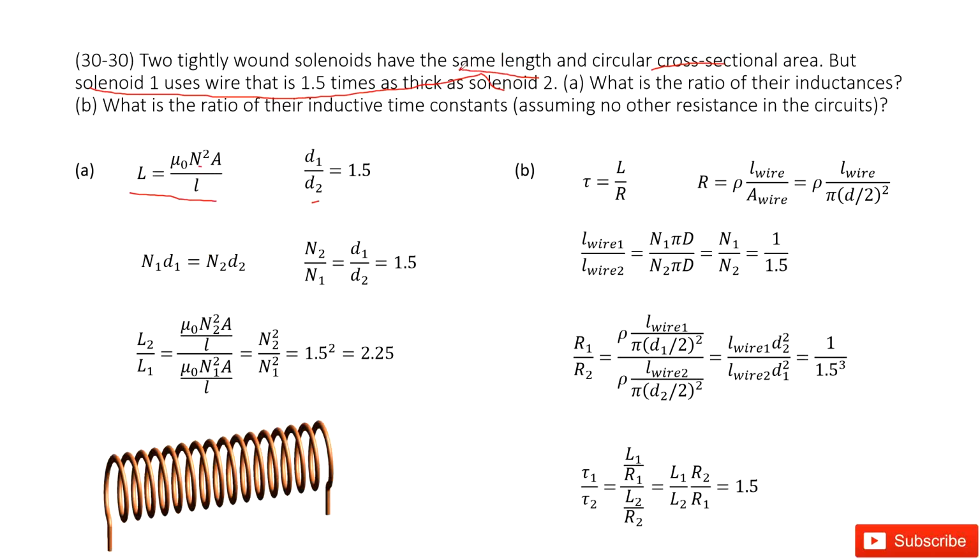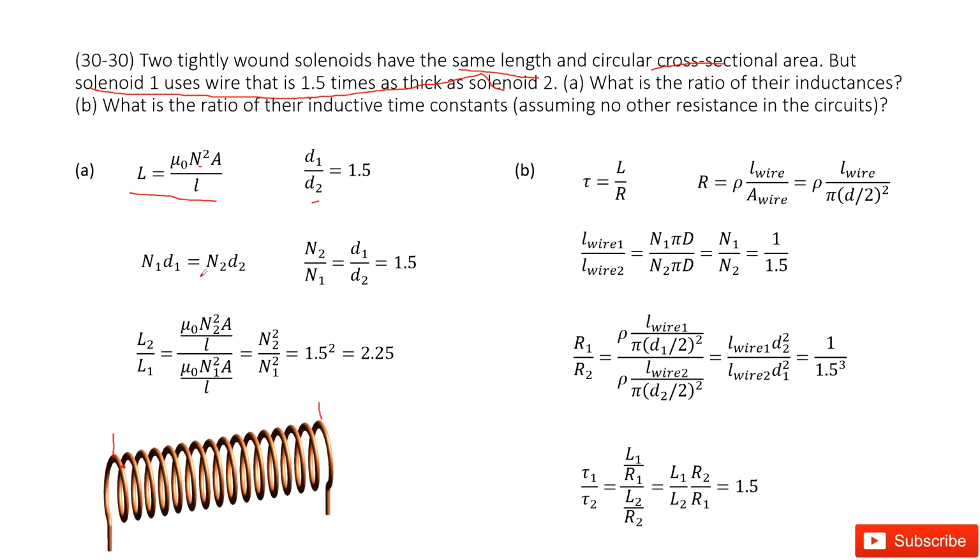We know these two solenoids are the same length. What does the same length mean? For this solenoid, how can you calculate its length? From this side to this side, agree? For each turn, the length is just the diameter D, and this D times the number of turns N equals this length, agree?